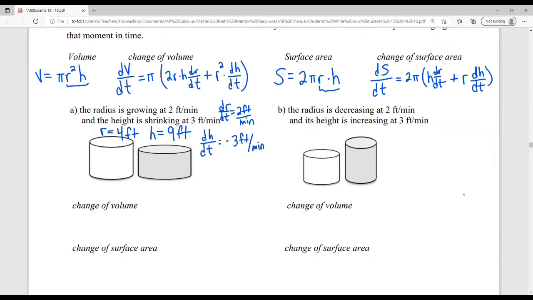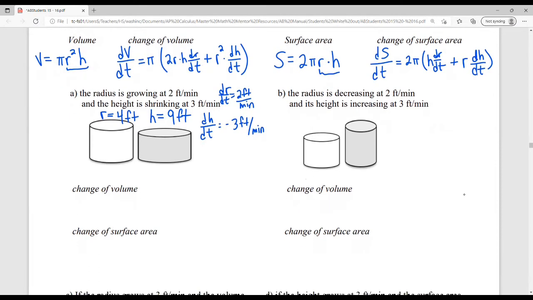So now we can plug all these numbers into the formula. I'm not going to write the formula over again. We're looking for change of volume, so we are looking for dV/dt in this case, and we are using this equation. So dV/dt is equal to pi times 2 times the radius, which is 4, times h, which is 9, times how is the radius changing?